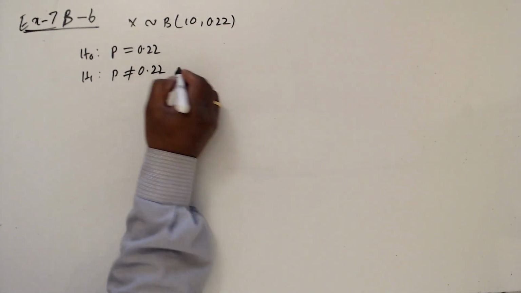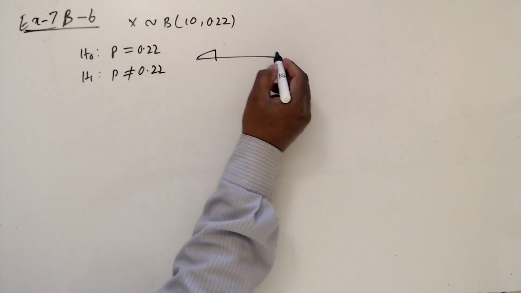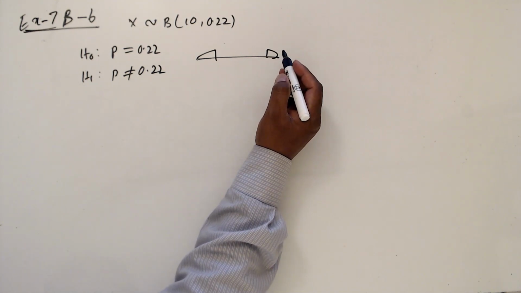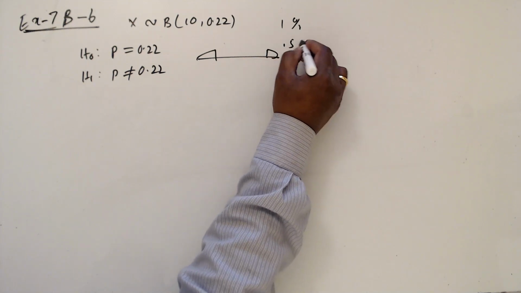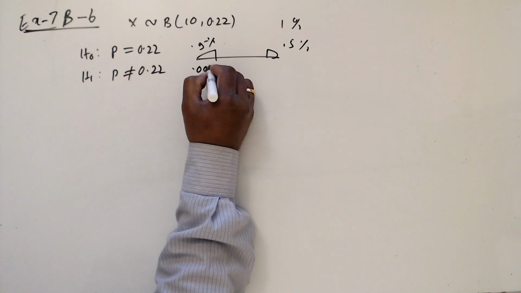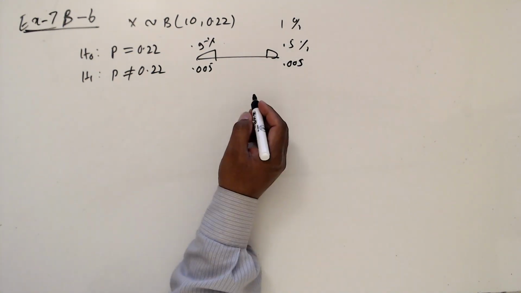So this is a two-tail test, on both sides. The significance level is given as 1%, so it means 0.5% for both sides, which is 0.005 and 0.005.